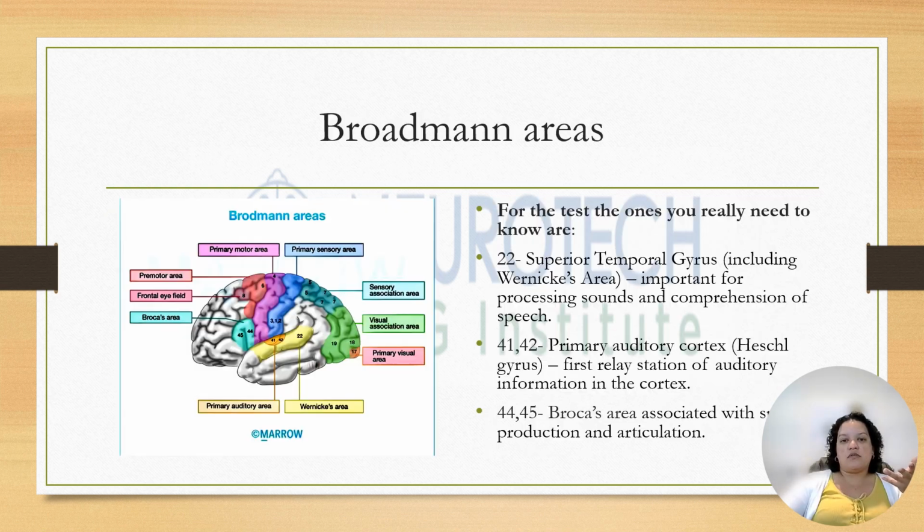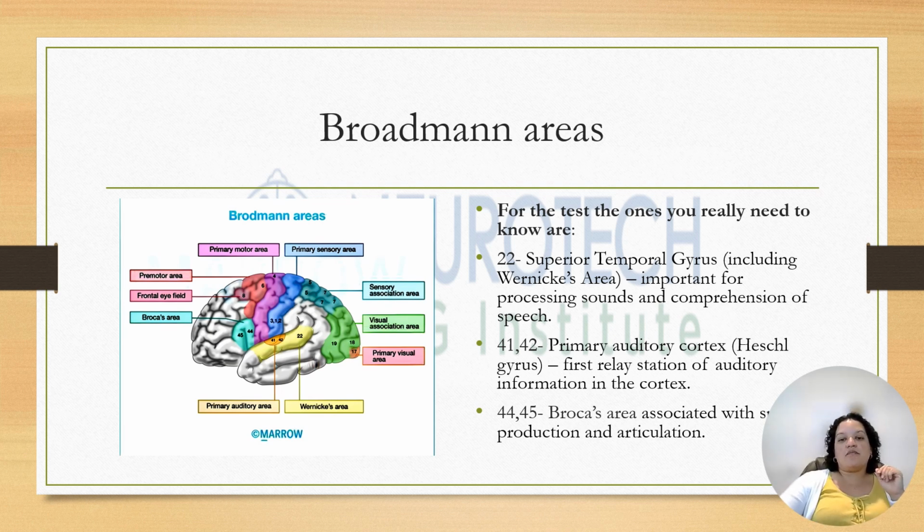And Brodmann's areas, this is something that I just want you to learn, but if you have time and you want to learn all of them, it's okay too. Basically, this is just a physician that decided that the structure, the microscopic structure of these separate areas, he grouped them together.